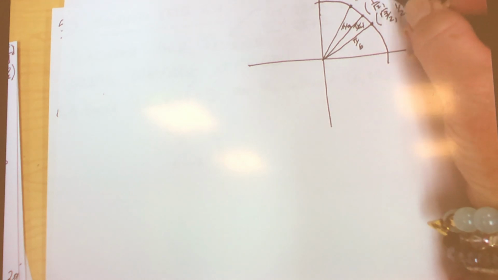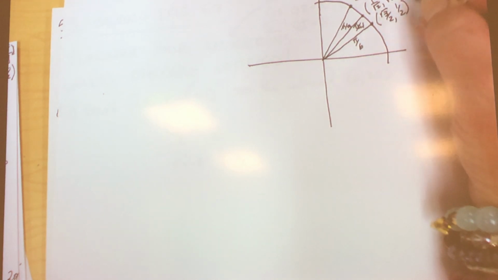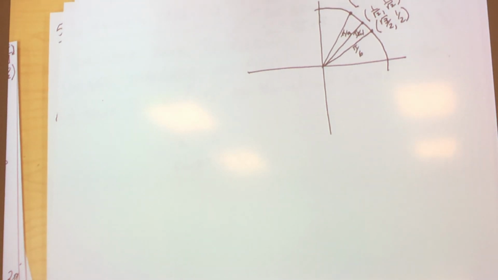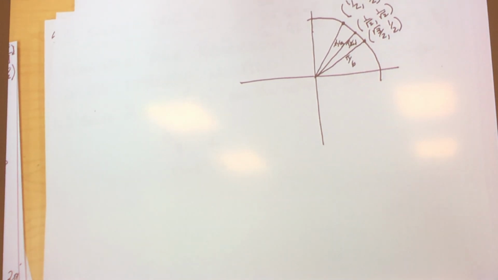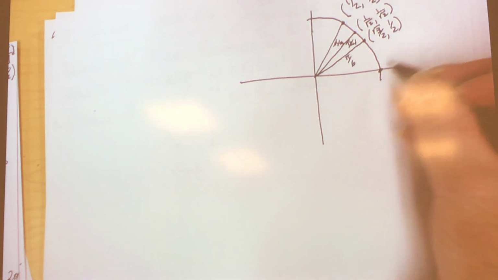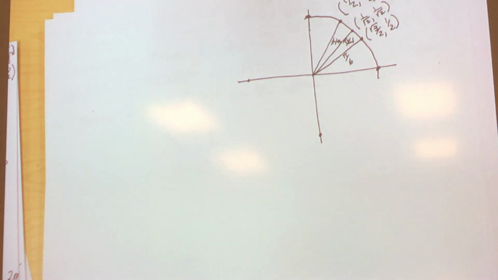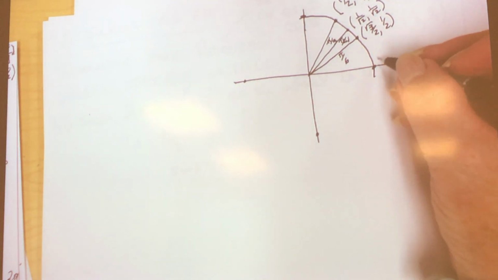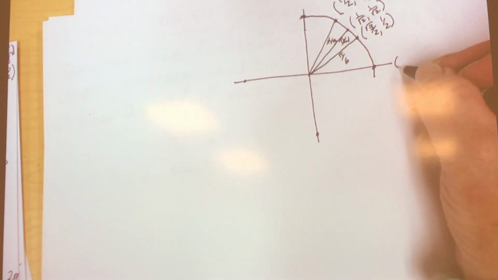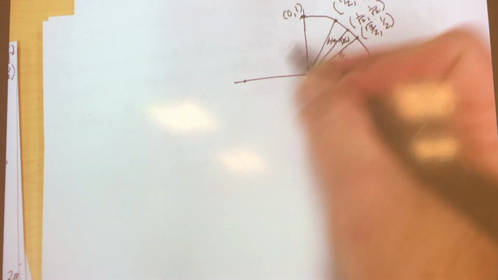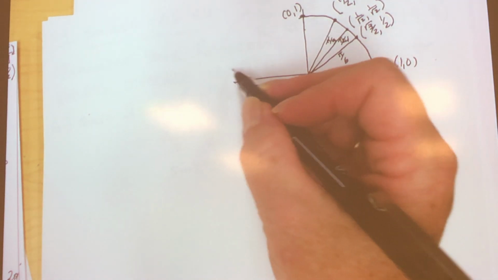That's the way I would write it. You can write it as square root of 2 over 2, but remember when you flip it, sometimes that creates an issue for you. Y'all forget to reduce it. I would also put these points here, because these are the points that deal with quadrant angles. So what is this point right here? 1, 0. And this guy up here? 0, 1. And this guy right here? Negative 1, 0.